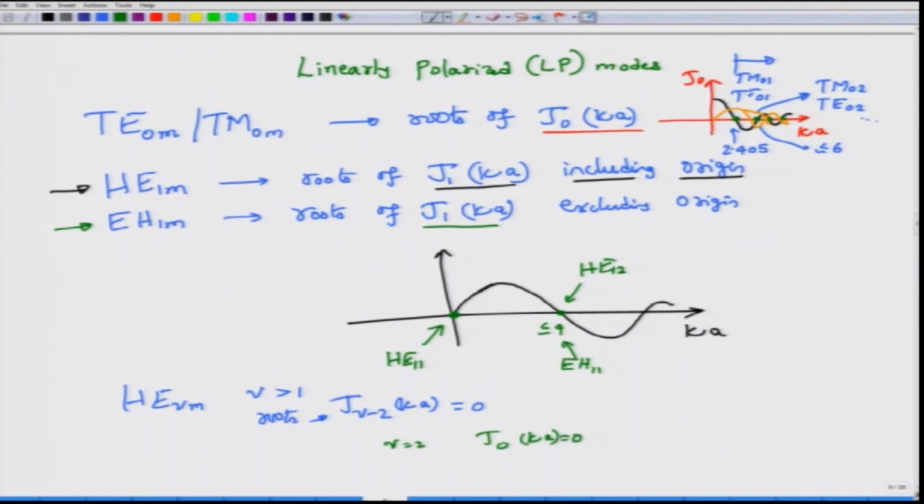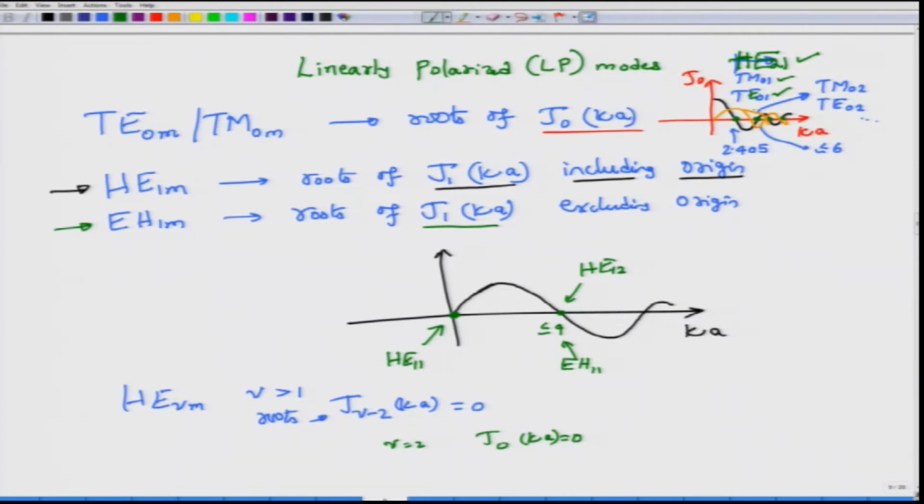Therefore, wherever TM01 and TE01 modes are there, because they are the solutions of J0 going to 0, at that time you will also have a solution which is HE21. Okay. So, you will have at 2.405 3 modes: HE21, TM01 and TE01.